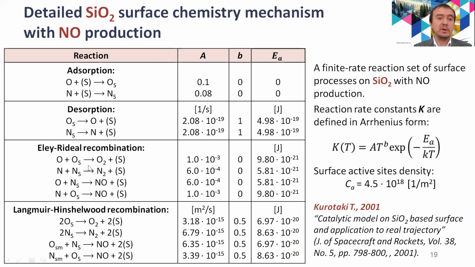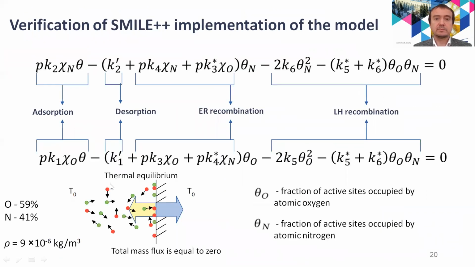For example, when O interacts with the surface, it can lead to creation of atomic oxygen or to the creation of NO. And verification is performed for such a model simple problem, when the flow of atomic species interacts with the wall without gas phase collisions.